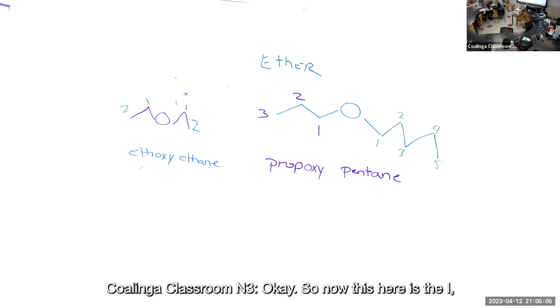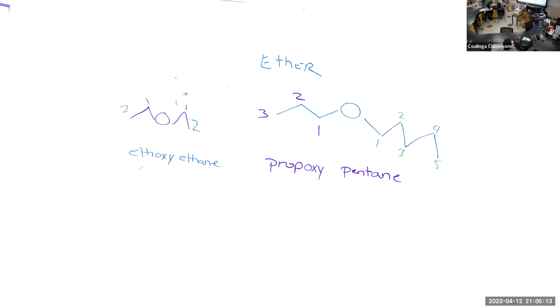Okay, so now this here is the IUPAC way of naming it when it's written. Now I'm going to tell you the way of naming it commonly. This guy has two, right? So we call this diethyl.